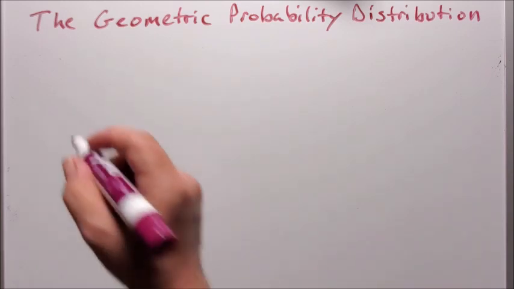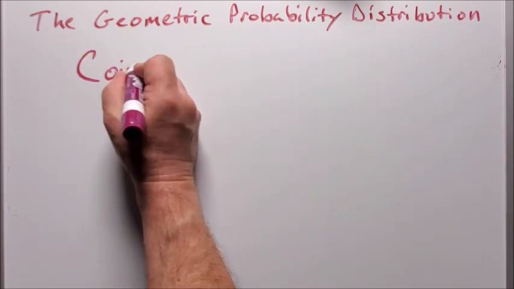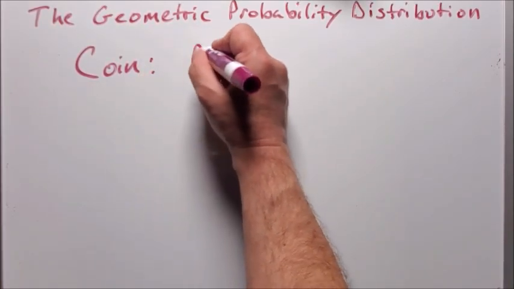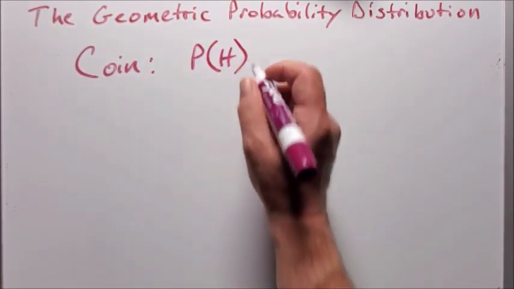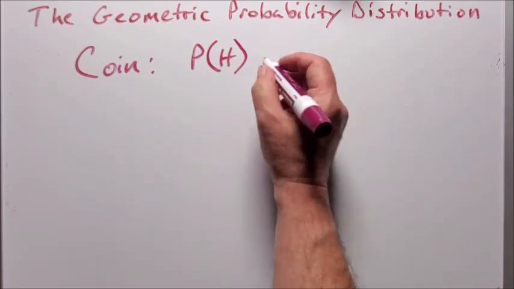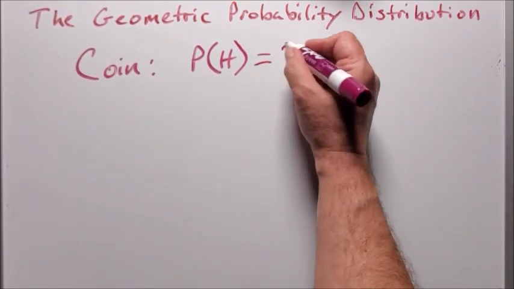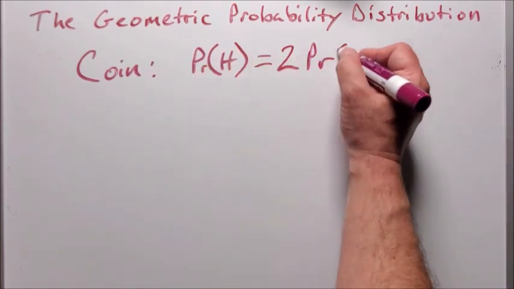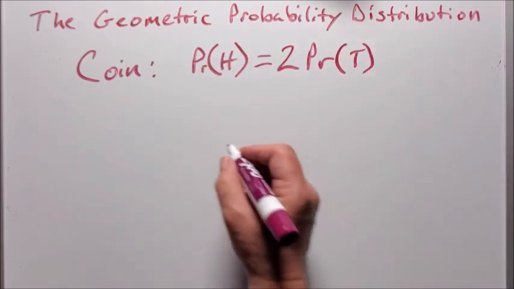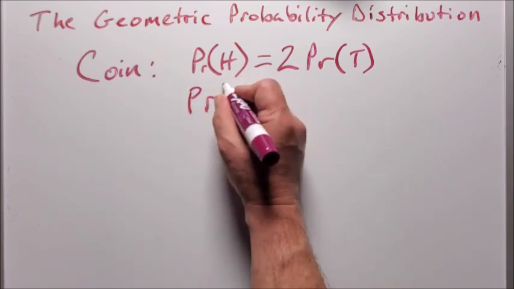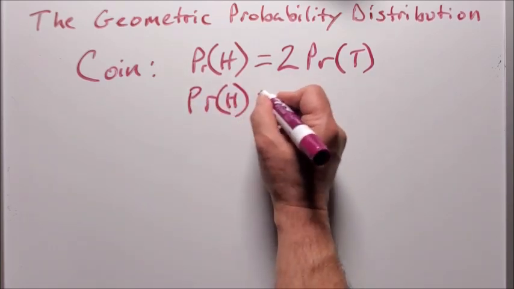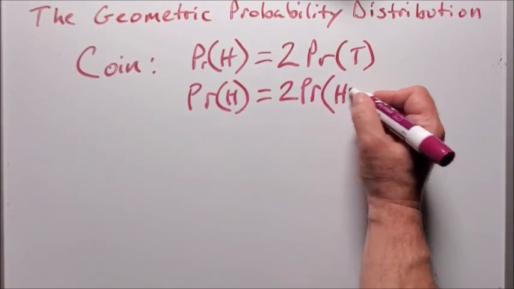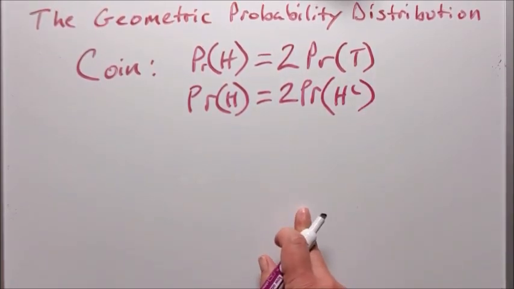I want to propose that we have some coin out there where the probability of heads, and this is not a fair coin, the probability of heads is equal to 2 times the probability of tails. Remember what that means. That means the probability of heads is equal to 2 times the probability of the complement of heads.